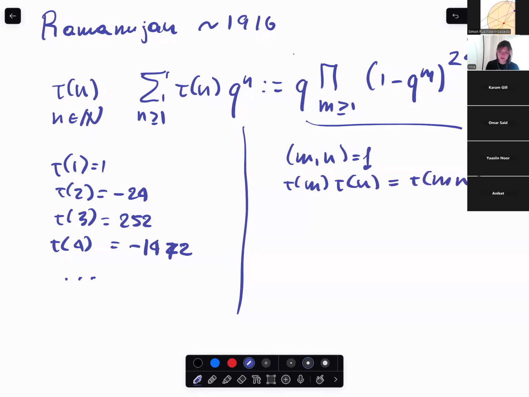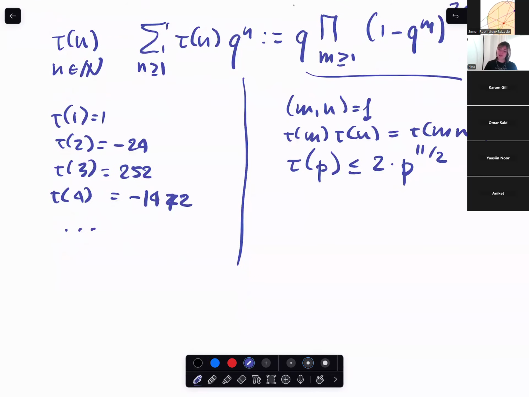So it's multiplicative. And the second thing that he claimed is that for a prime number p, the absolute value of tau of p will always be at most 2 times p to the 11 over 2, which is, I don't know how you noticed that, but again, I think his formal justification was that it looked highly probable or something like that.